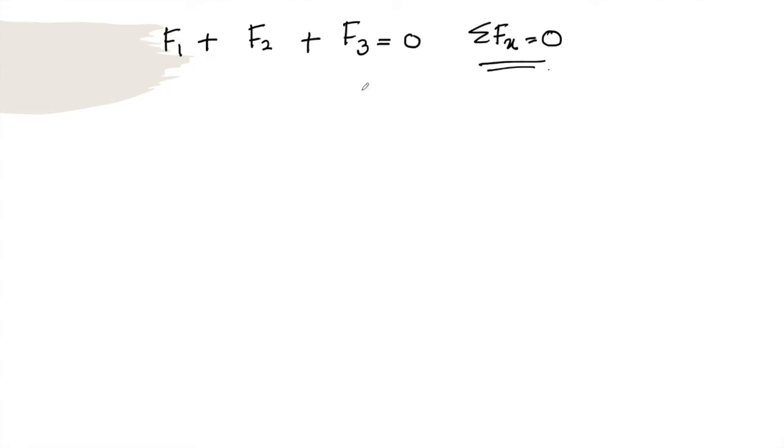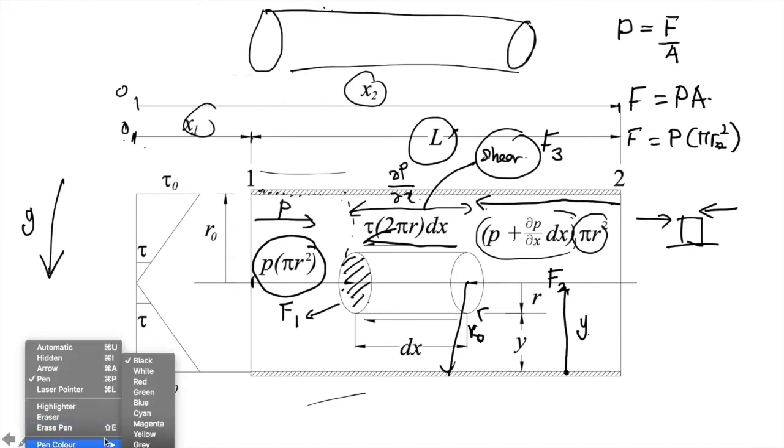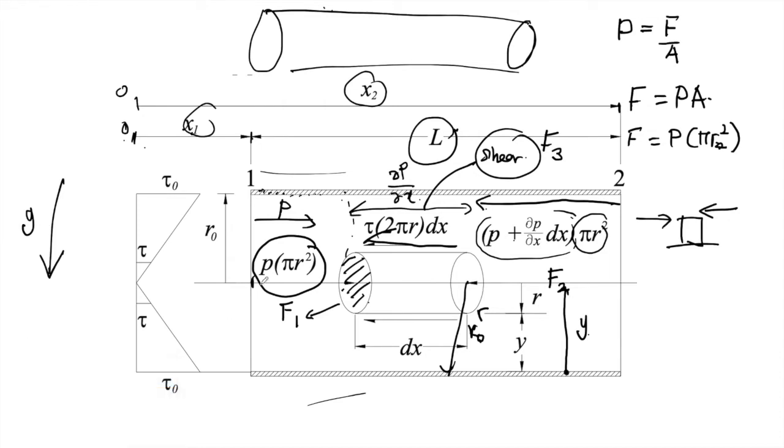After that, we have to take a look at the direction of each F. So we take a look at F1. The direction of this force is in this direction. I change the color to red. So F1 is in this direction, and therefore when the direction is like this, it is a positive value.